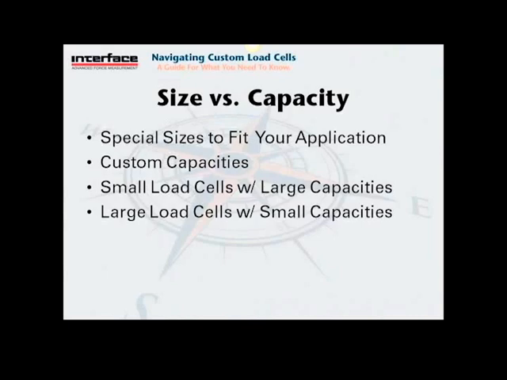Example would be taking a 25K flexure and having it calibrated to 15K, which would give you an output of 2.4 millivolts per volt. With that, you also get a higher safe overload rating because it's still a 25K flexure that you're using. And you could also have the flexure calibrated at 25K or another capacity to use in a different application later on.